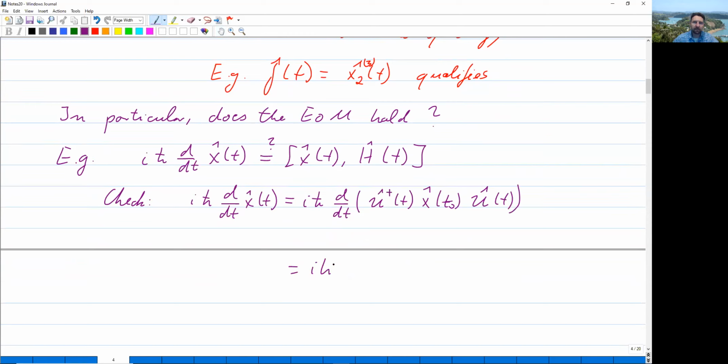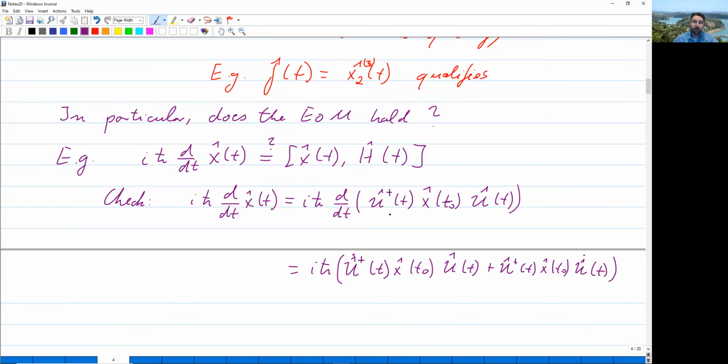So this then is, by the product rule, because this thing is dependent on time and that is dependent on time, this is a constant, we have that this is u hat dagger dot of t x hat of t naught u hat of t plus u hat dagger of t x hat of t naught u hat dot of t.